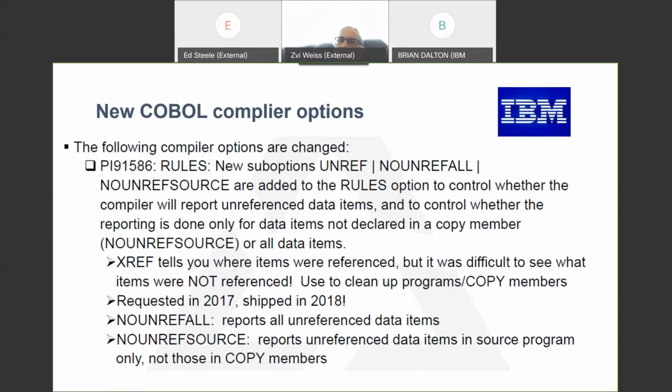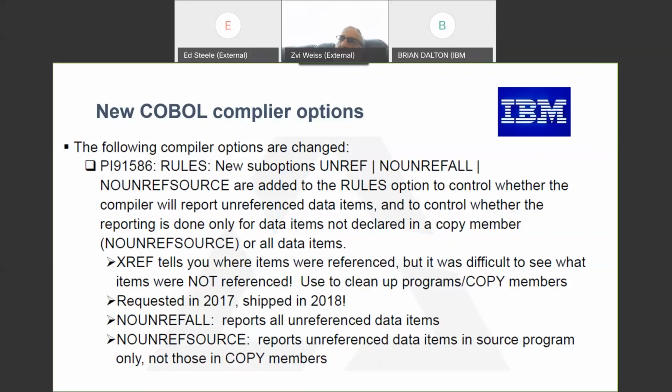So unref would tell you, oh, you're using something that's not referenced. The problem was that in some cases the reason it wasn't referenced was because it was part of a copybook. You have this utility copybook that has many, many different fields in it, and not every field is necessarily going to be referenced in every single program. And yet it was being flagged as, oh, you're violating the rule because you have something defined that's not being referenced. So the unref has two options.